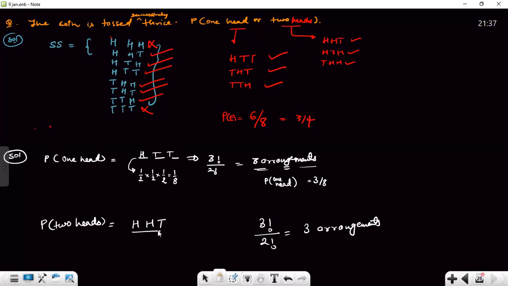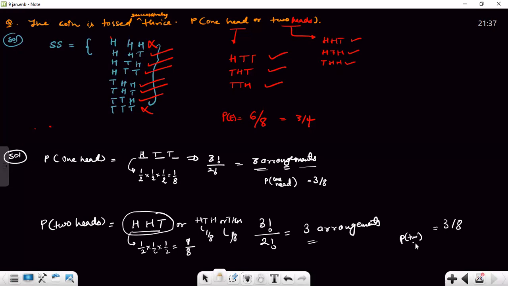The probability of this particular case, HHT, is half into half into half, that is 1 by 8. Head, tail, head or tail, head, head can also be the cases, and each one's probability will be 1 by 8. So the probability of getting two heads is also 3 by 8.